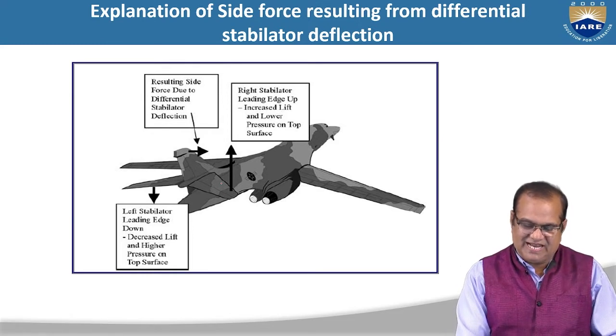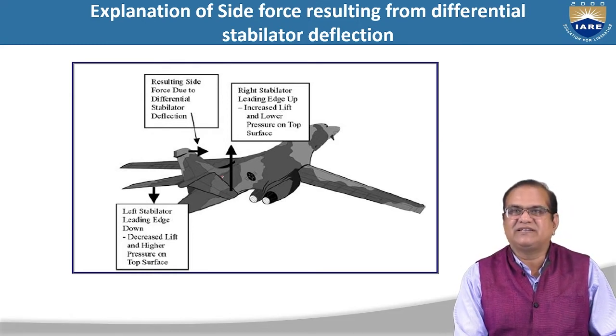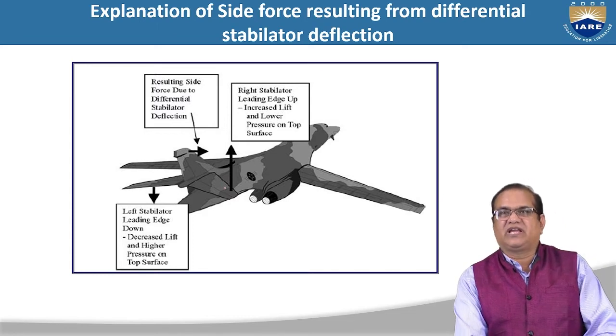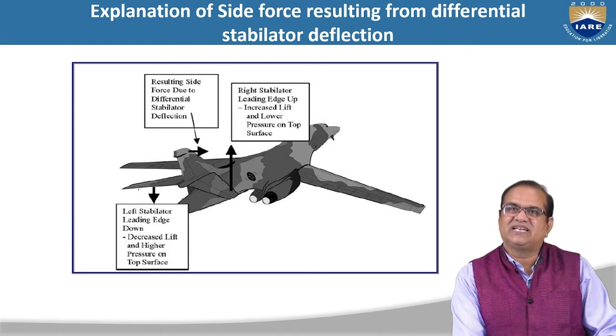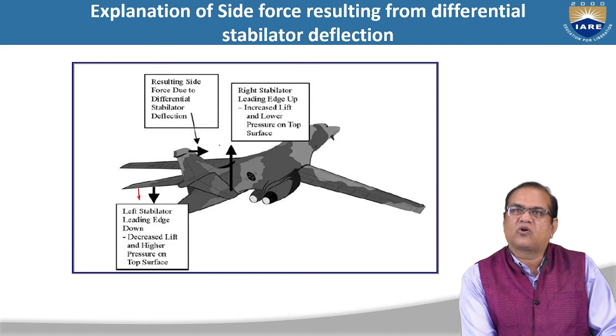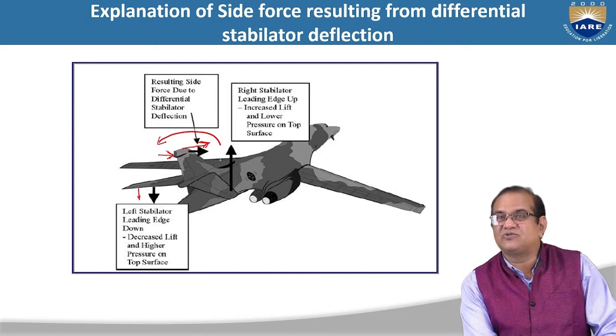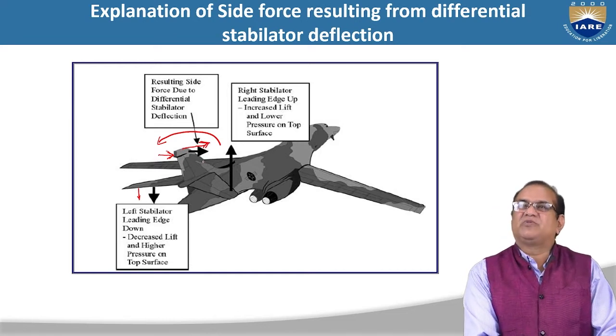You can see here that these are the horizontal tail. Here also. So if you want the rolling motion, you make this one lift down and here you want more lift, and the rolling will be there in this way. This will generate a side slip here and this force will be generated, so it will try to recover its position.